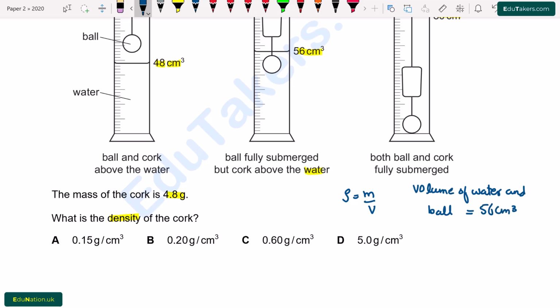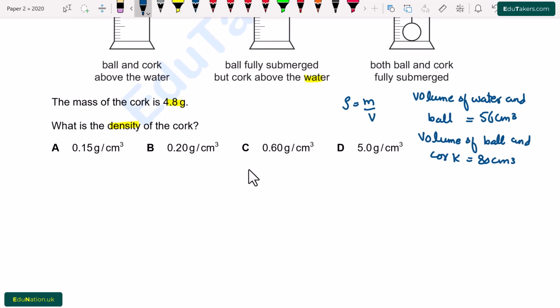Now the volume of ball and cork is equal to 80 cubic centimeter. From here we can find out the volume of the cork. So it will be equal to 80 minus 56, which is equal to 24 cubic centimeter.